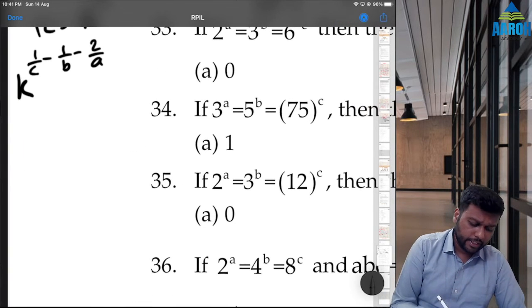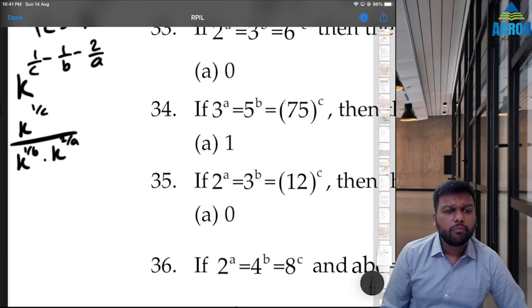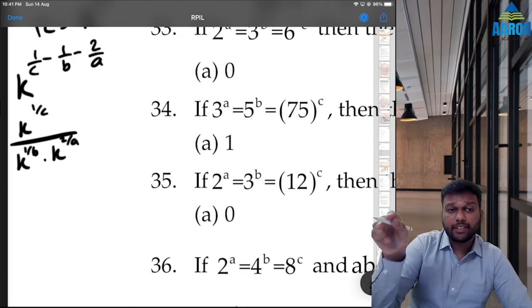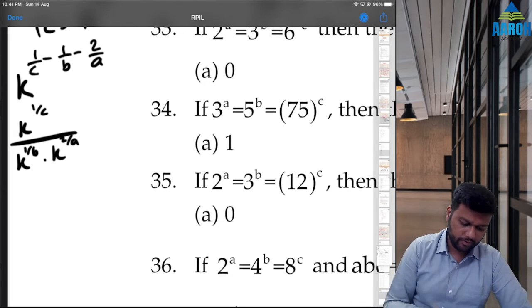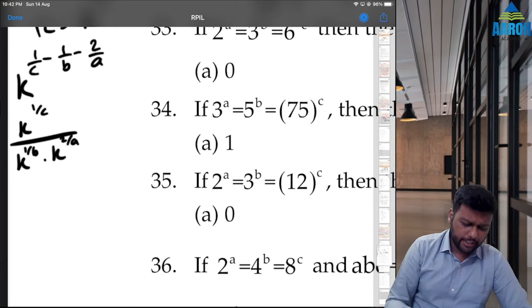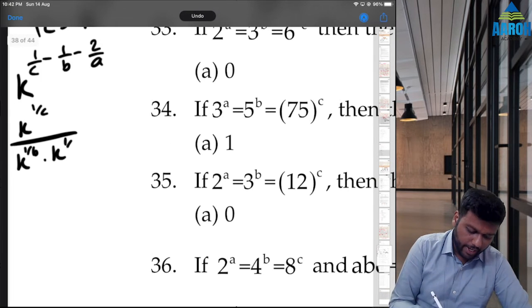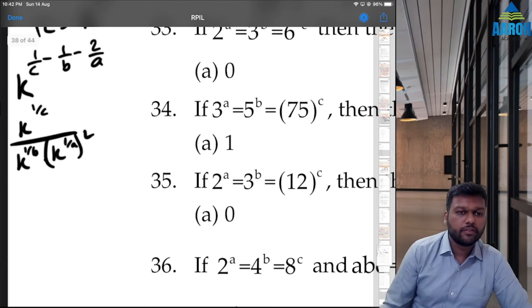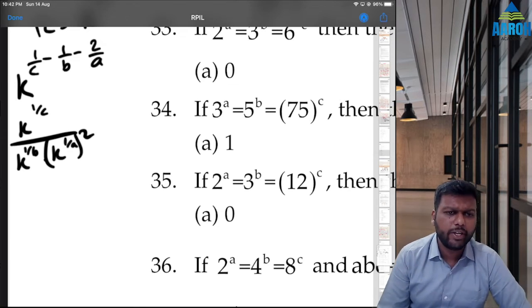Can I write it as k raised to 1 by c upon k raised to 1 by b into k raised to 2 by a? Why? Because a raised to m minus n is equal to a raised to m by a raised to n. Fine. Can I write this 2 by a as 1 by a, twice, right? Because 1 by a into 2 will be 2 by a.